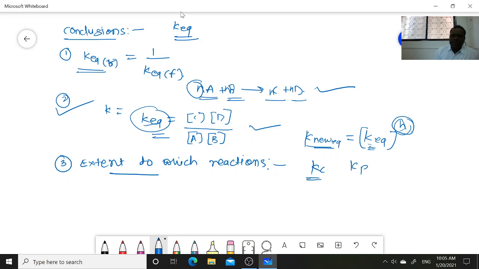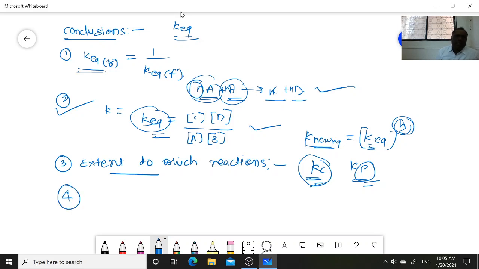Kc is used if the reactants are expressed in concentration. Kp is used if the reactants and products are expressed in pressure. If the reactants and products are gaseous molecules, we can write it as Kp, that is the partial pressure of that particular gas molecule.